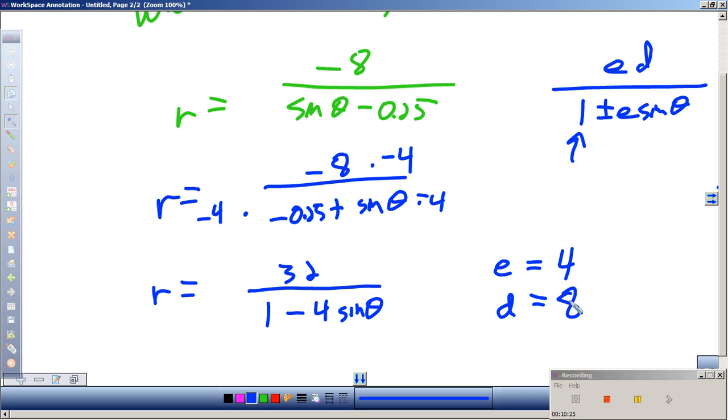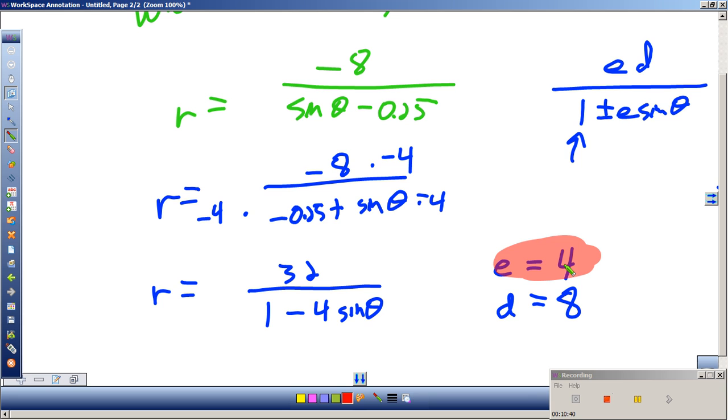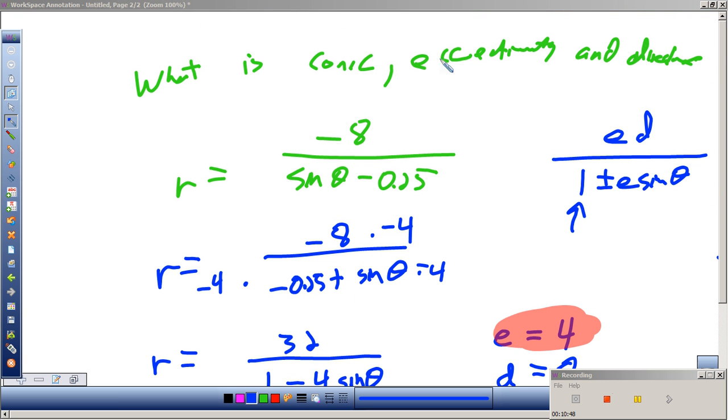Now, what is the shape? Hyperbola. Everybody's clear why that is? e equals 4. If e is greater than 1, it's a hyperbola. We already got the eccentricity: it's 4.